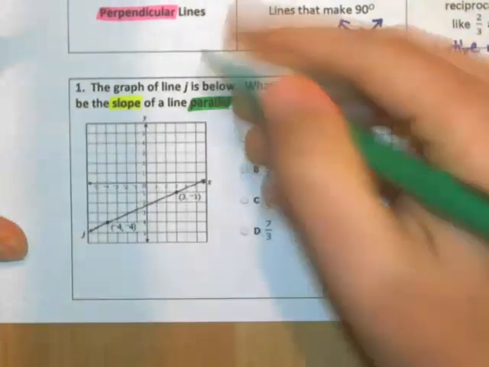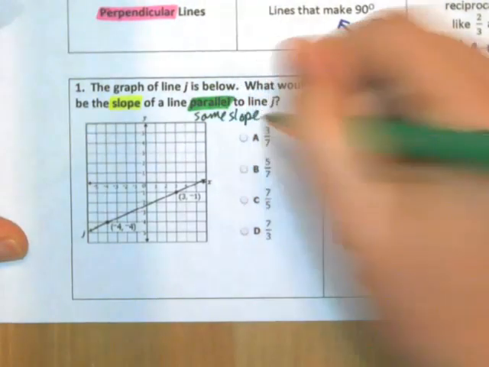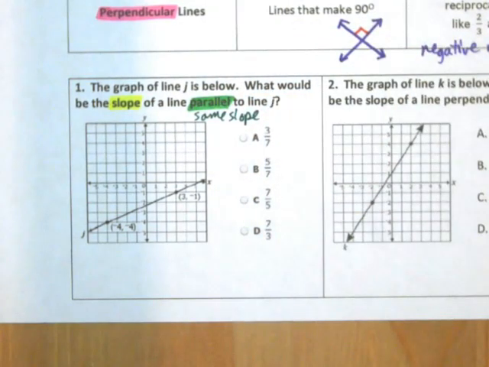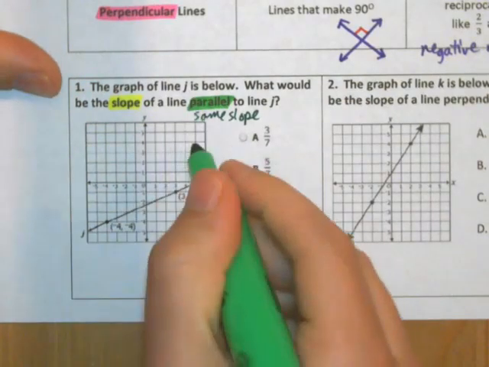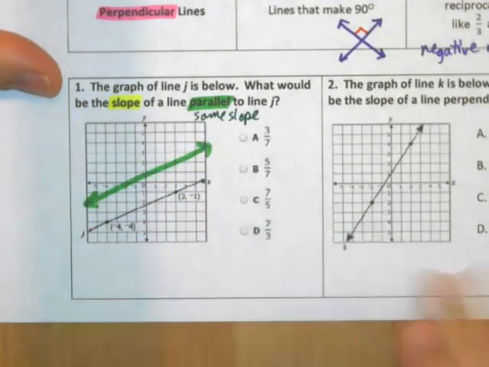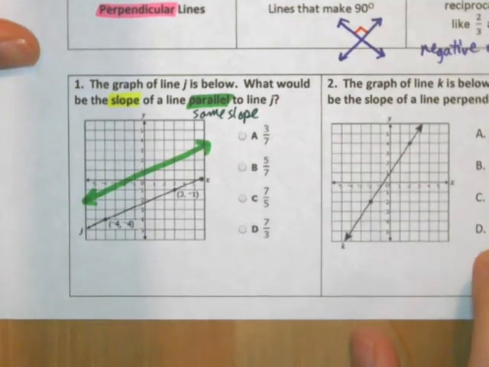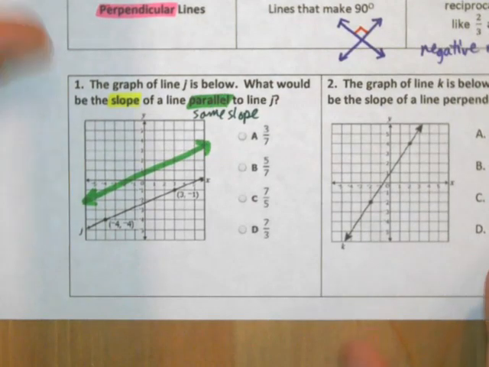Parallel means same slope, the same slope as line J. Here is what a parallel line to line J might look like. Remember, traveling in the same direction, never touch. The slope of that green line is going to be the same as whatever the slope of line J is.